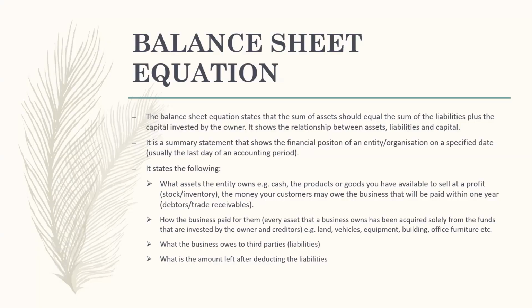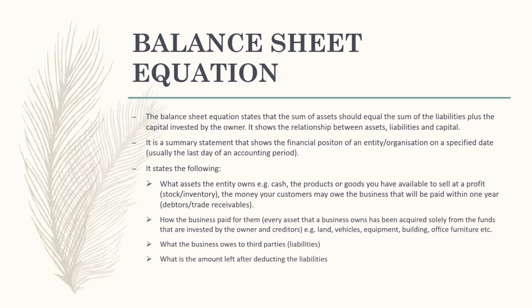So the balance sheet equation states that the sum of assets should equal the sum of liabilities plus the capital invested by the owner. It shows the relationship between assets, liabilities, and capital.